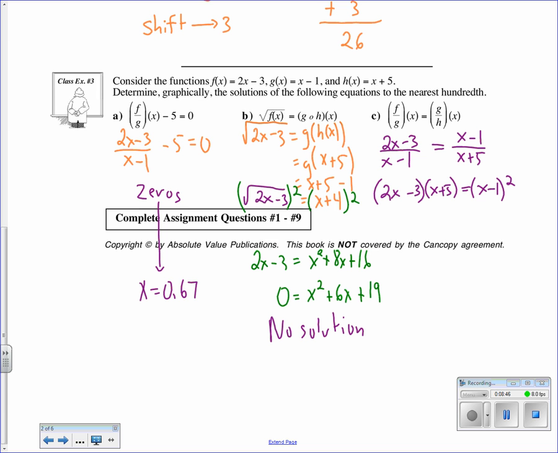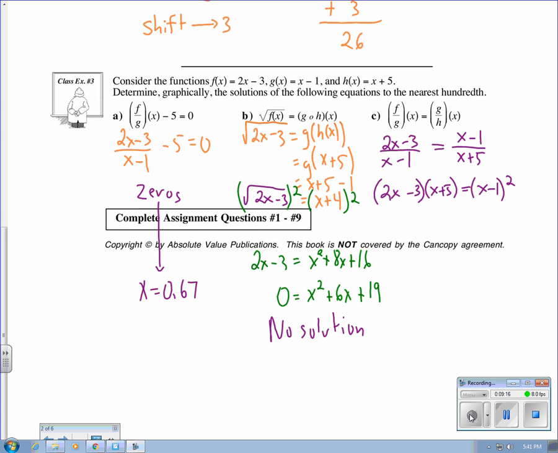I'm going to go second calculate, look for the intersection point, so try to get my graph cursor to be right on top of the intersection point. My calculator does my guessing for me, and I come up with one x value that is suggested, 1.72, not quite what was suggested elsewhere.